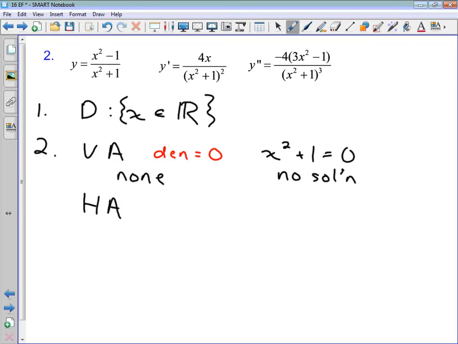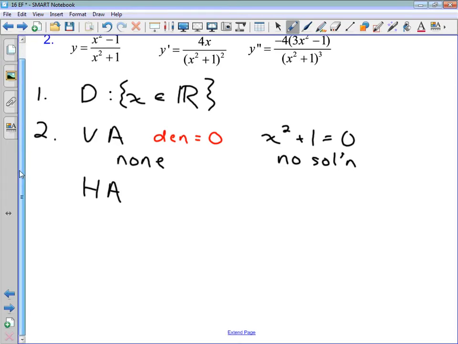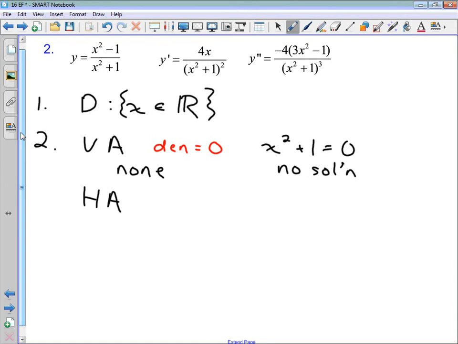Next up, horizontal asymptote. You can use whatever technique you want to find your horizontal asymptote. I'm going to think about this in terms of limits. I'm going to take my function and take the limit as x goes to positive or negative infinity, but I'm going to divide each term by the highest power of x.